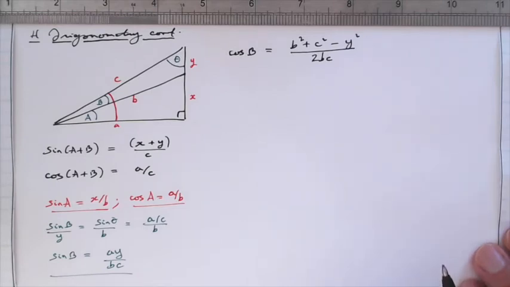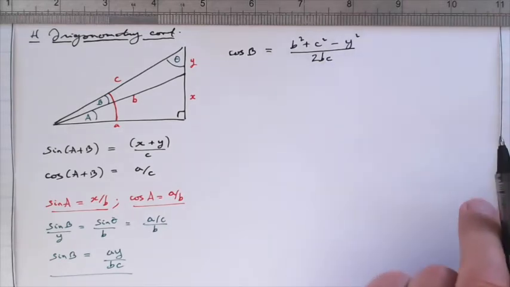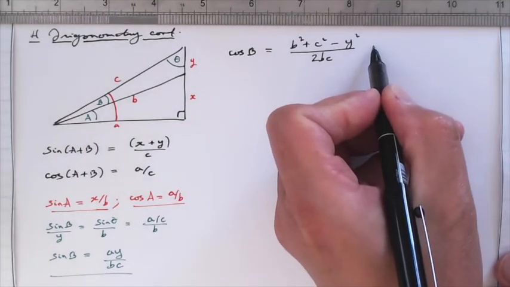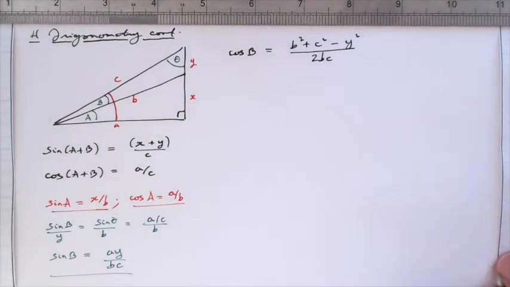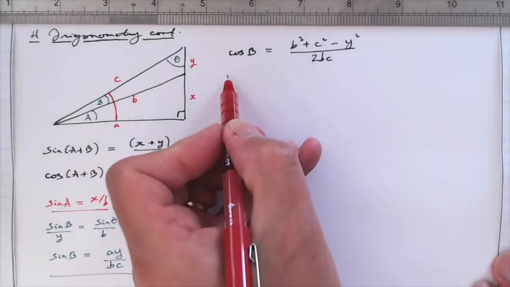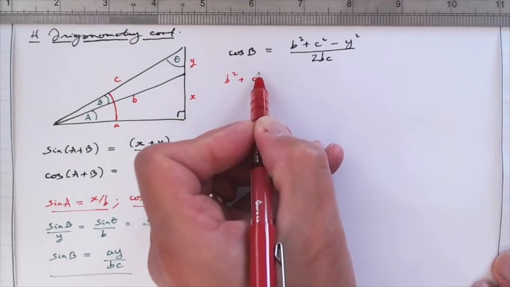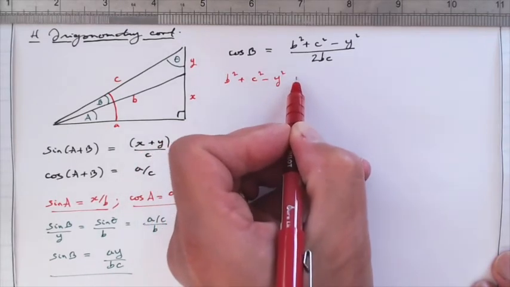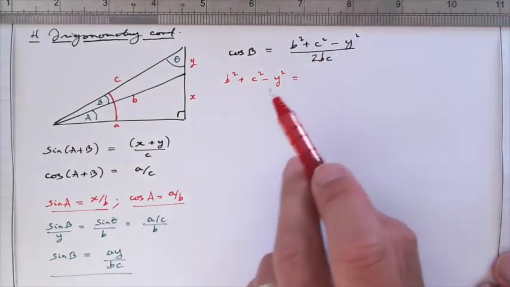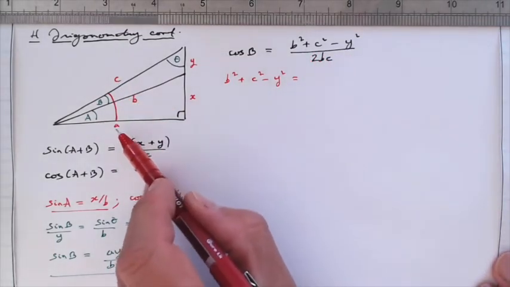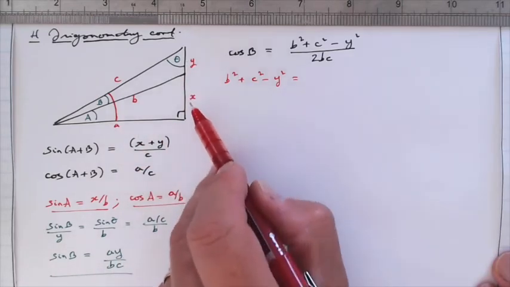Okay, so let's see, what do I want to do? I think the first thing I'm going to do is get rid of the c squared on top. All right, so let me try and fit that in here. I'll just look at the numerator, that will be the best use of space here. So b squared plus c squared minus y squared. In that numerator, I want to write c squared as the sum of a squared and the square of x plus y.